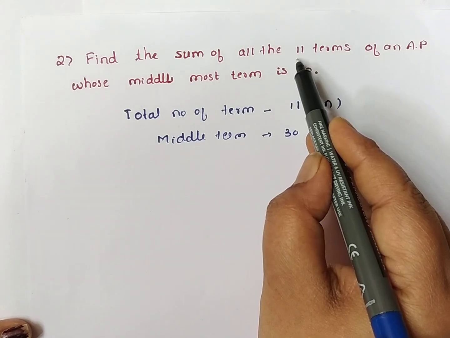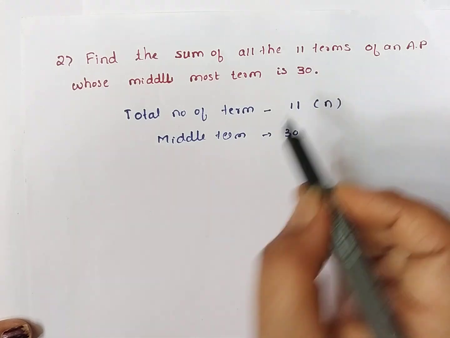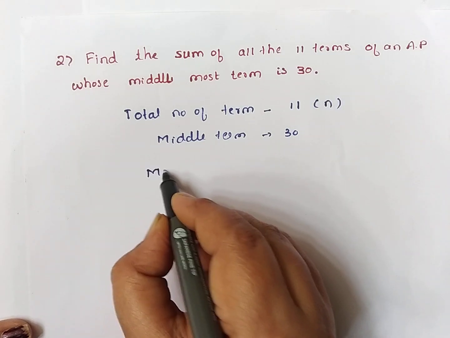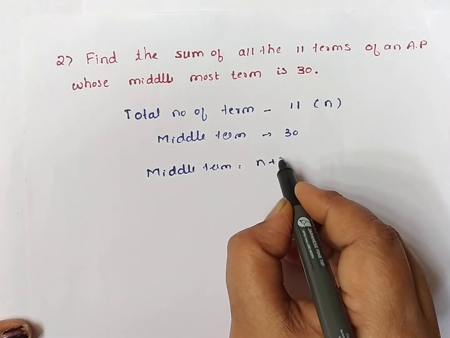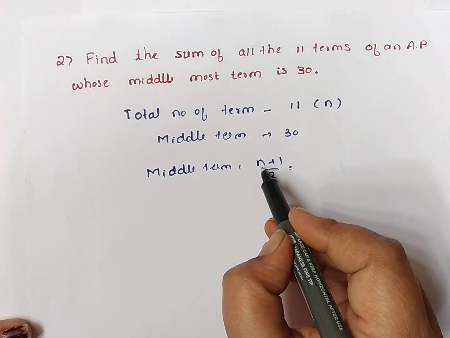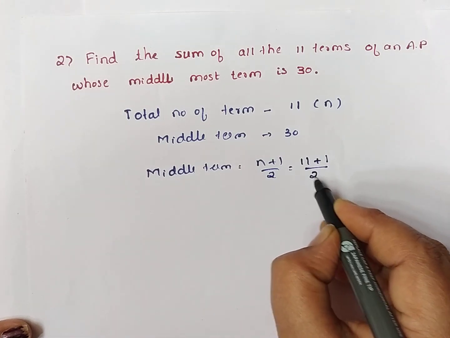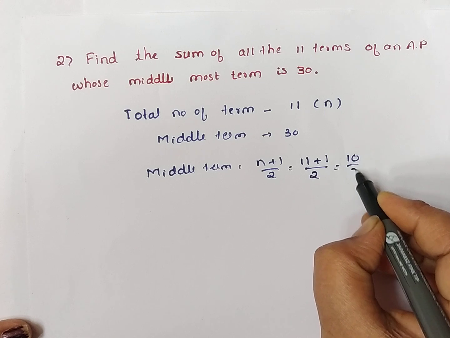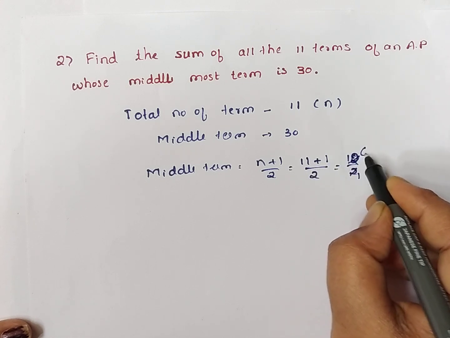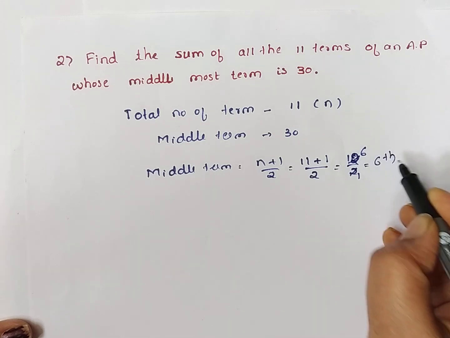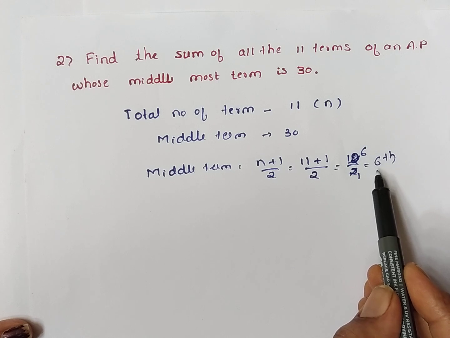Since the number of terms is odd, there is one formula to find the middle term: middle term equals n plus 1 divided by 2. N is the number of terms, that is 11 plus 1 divided by 2, that is 12 by 2, which is 6. So the 6th term of the AP is 30, and this is the middlemost term.